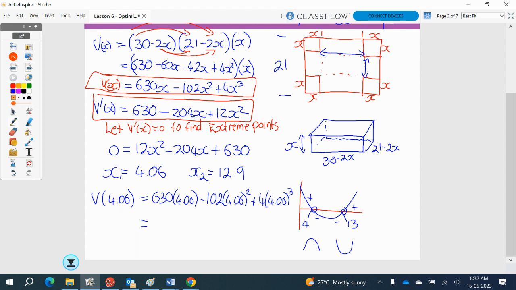So if it's a 3-digit number, we still include one decimal, right? 3 significant figures? I'll just fix it. Oh, so we don't include this.